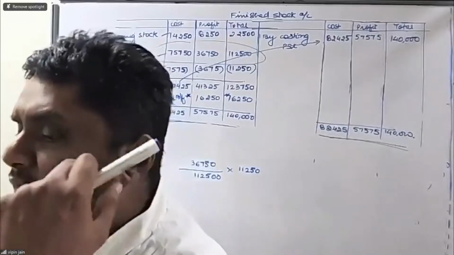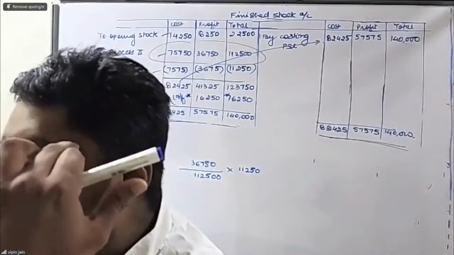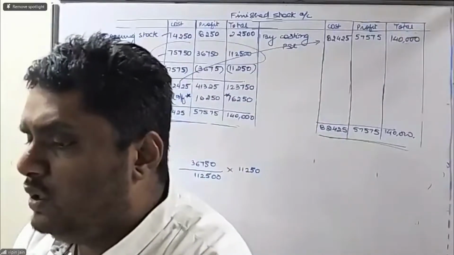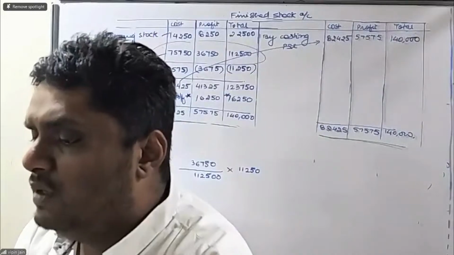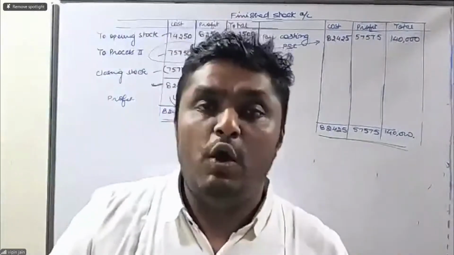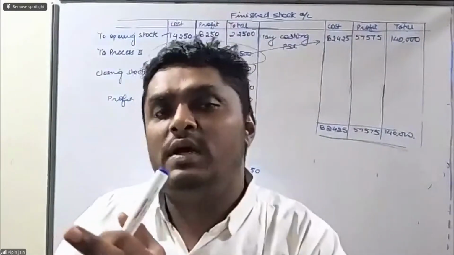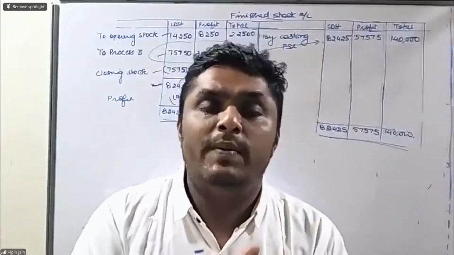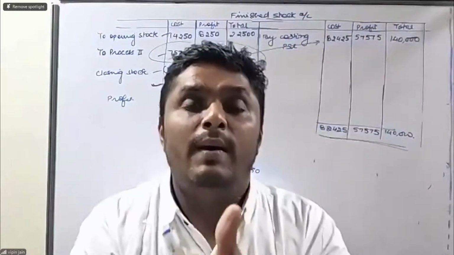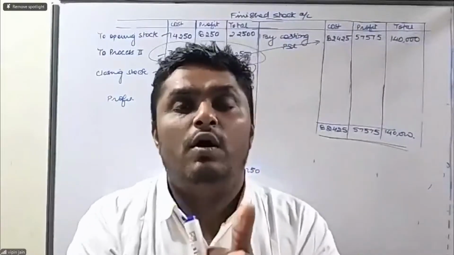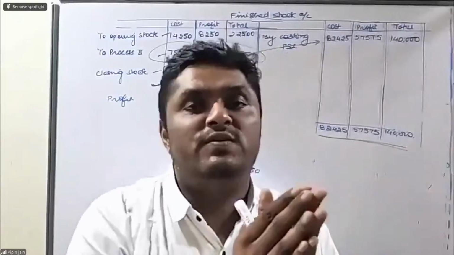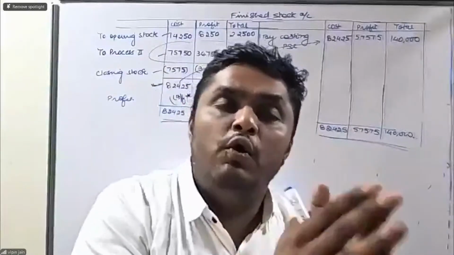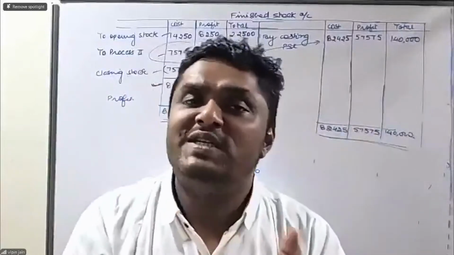Hardik, you are saying that, sir, if in this question it is not written that opening stock profit is to be shown separately, but then also we show it. See, Hardik, when talking about process second and finished stock account, there will always be some profit element in the opening stock, because the opening stock represents the stock that is received from the previous process, and the output of that process is transferred to this process at cost plus profit.